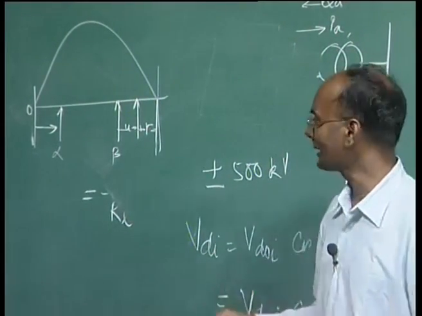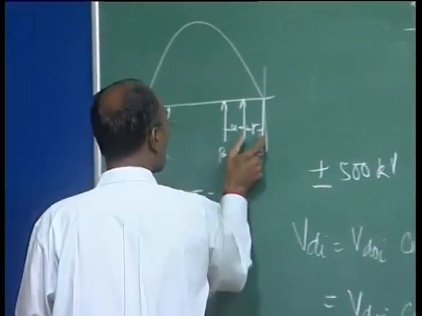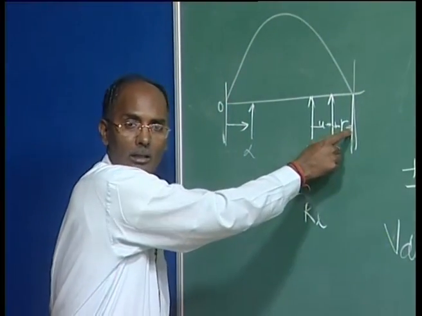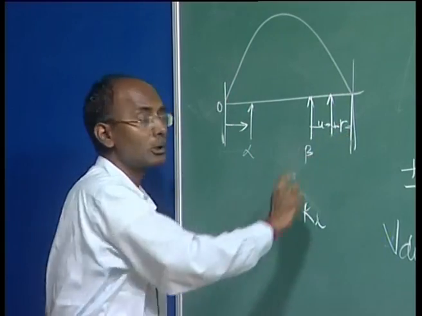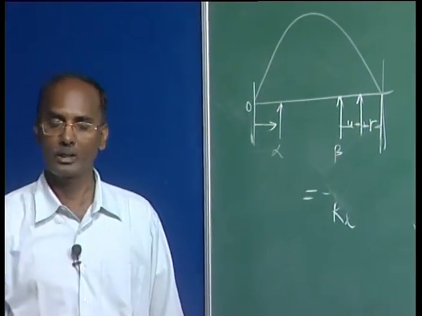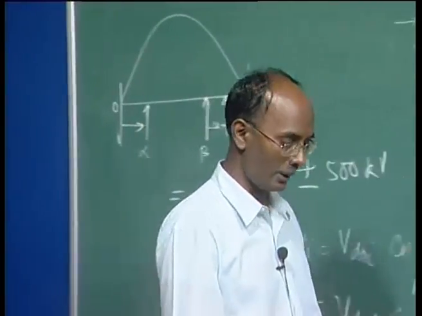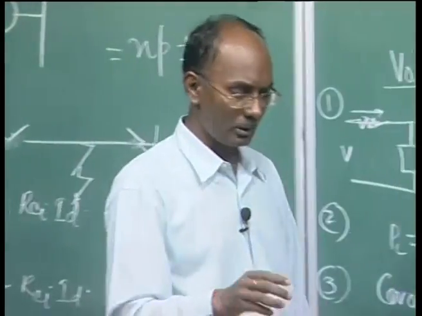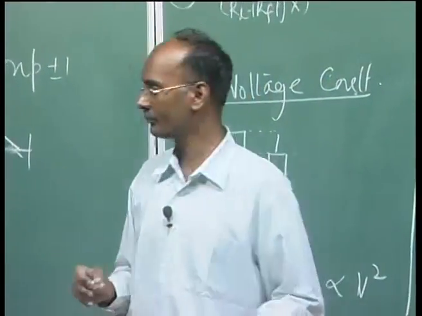So, it is always desirable to maintain some angle here, maybe 5 to 10 degree, so that there should not be any commutation failure. We will see the commutation failure when we talk about the malfunction of the converter circuit.